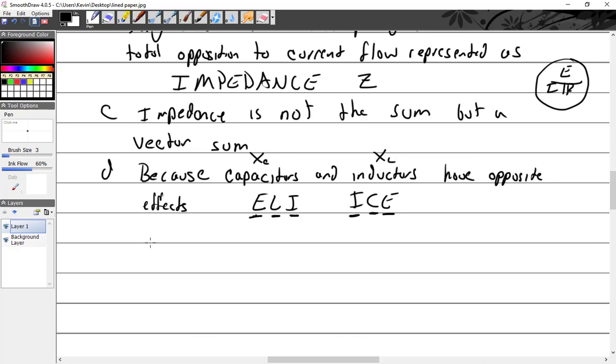Let me see. Where am I now? Impedance, not a sum, but a vector sum, because capacitors and inductors have opposite effects. We can use algebra to find total resistance.